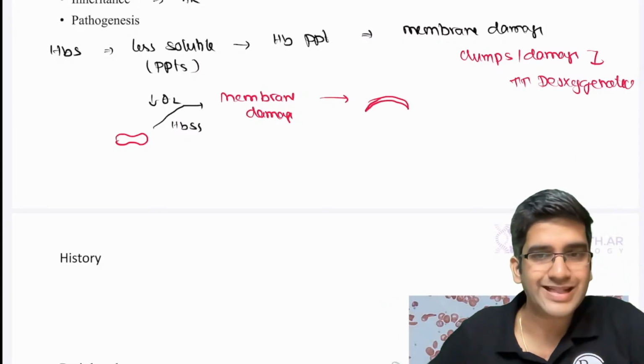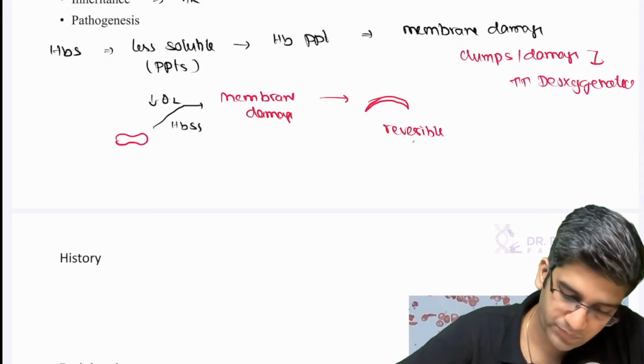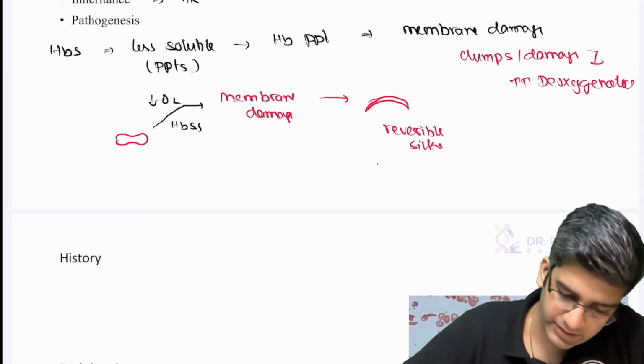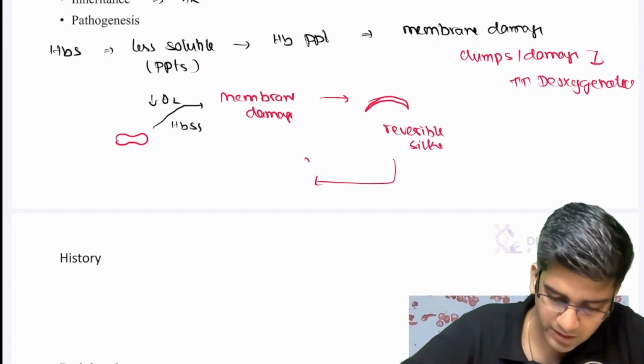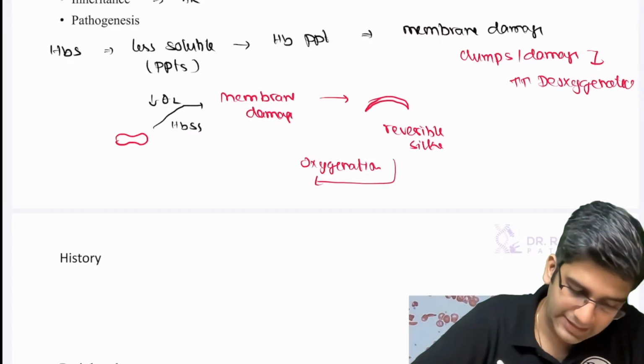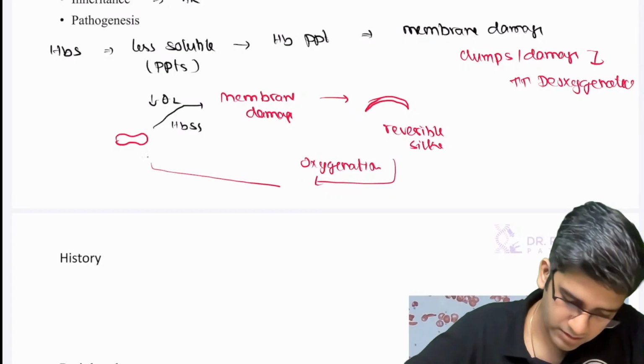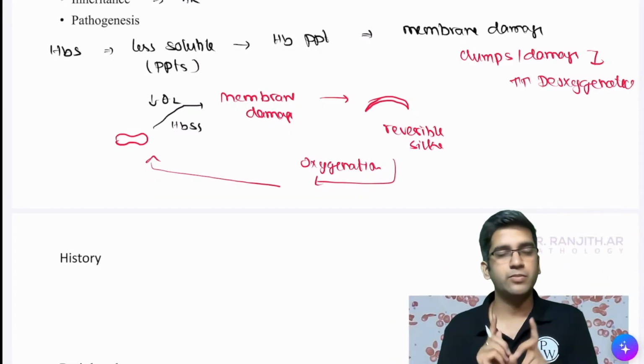One of the poikilocytes is a sickle cell, right? So here I will use the term reversible sickle. The reason is that if there is oxygenation, this reversible sickle can definitely come back to normal, right? It is a reversible cycle, right?